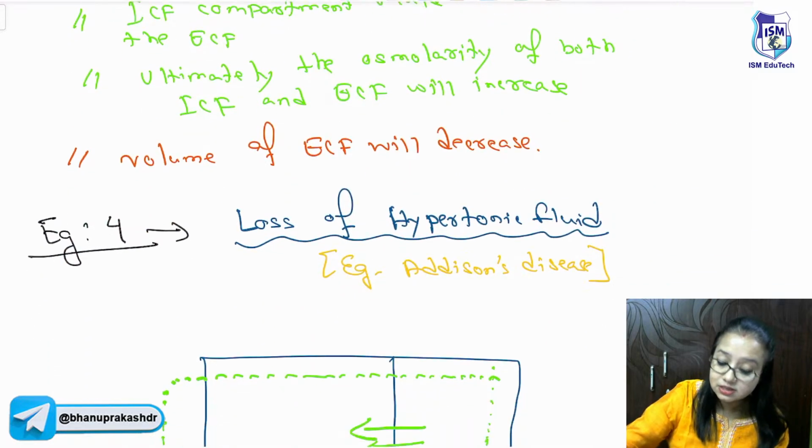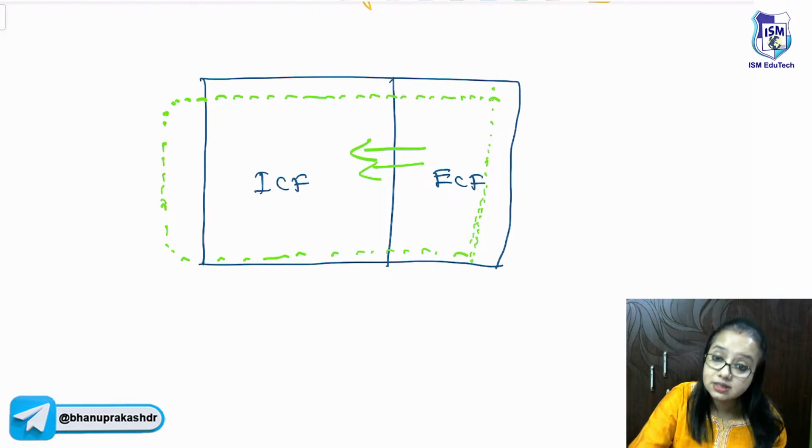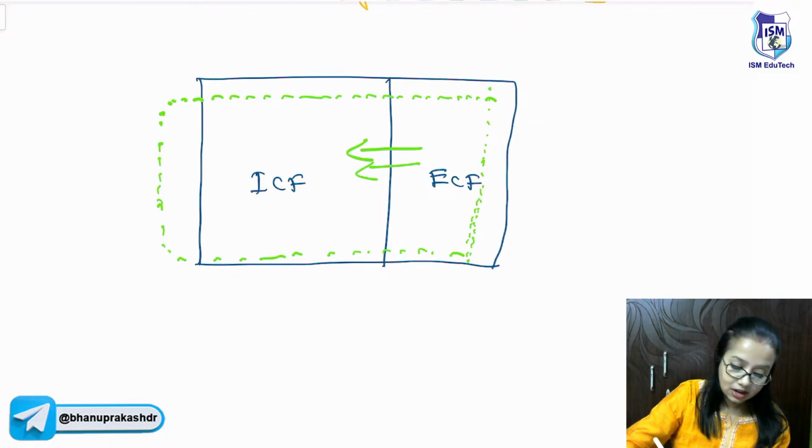But here, this phenomenon is not happening. Once the osmolarity has decreased, this decreased osmolarity will be maintained in the ECF as well as in the ICF. And since the ECF became lighter, there will be opposite migration of the fluid and expansion of the ICF.